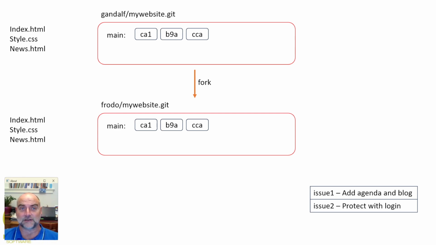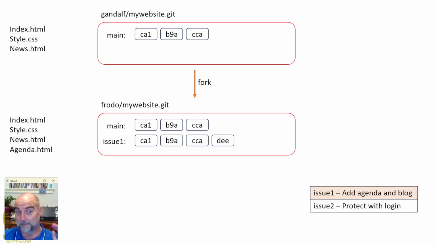So Frodo says, okay, Gandalf, let me start with issue 1, and Frodo is going to make a branch called issue-1, makes agenda.html and commits that to the issue-1 branch. Right, so it is very important that you make a branch. You cannot work in the main branch. That is not allowed in this workflow, and it will break it. I will tell you a little bit more about that later.